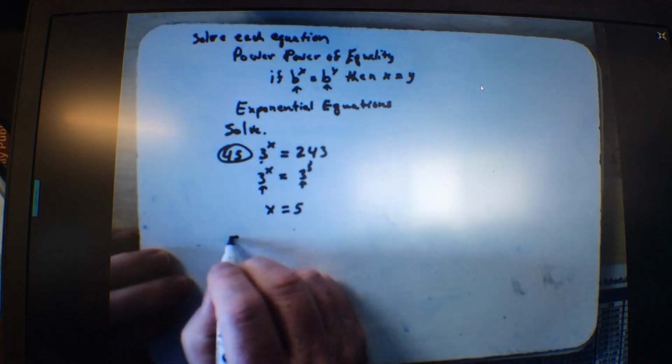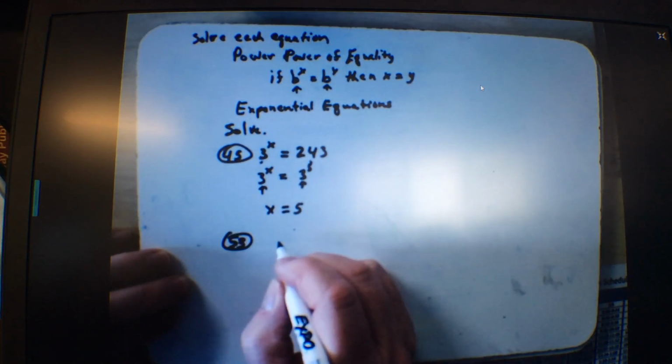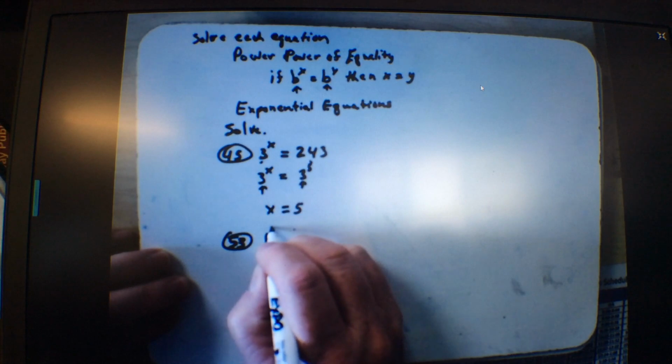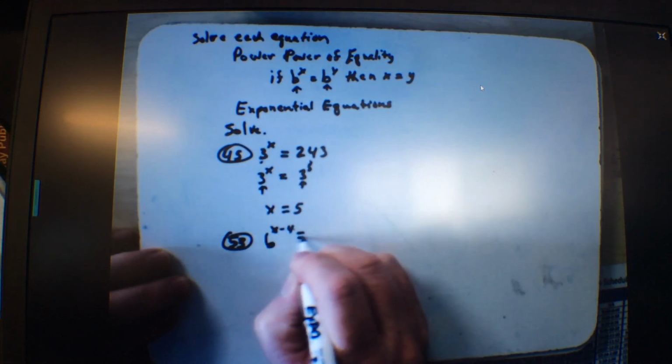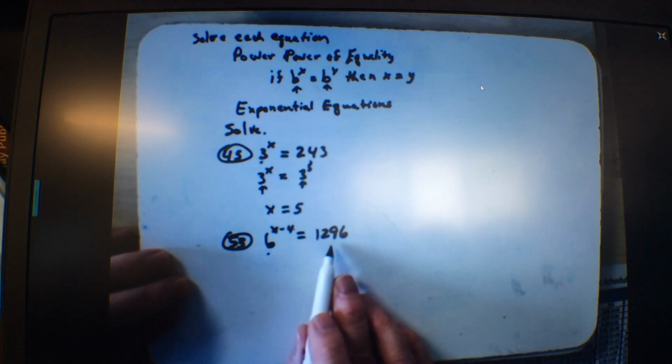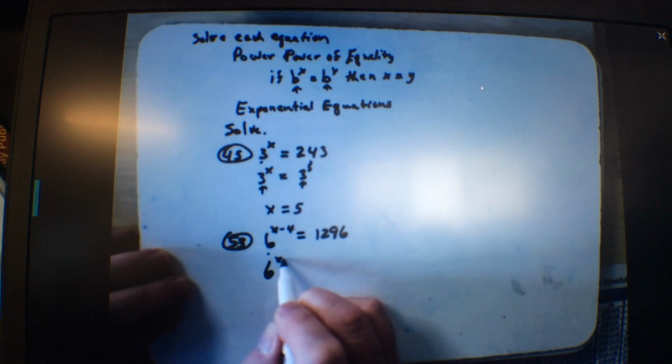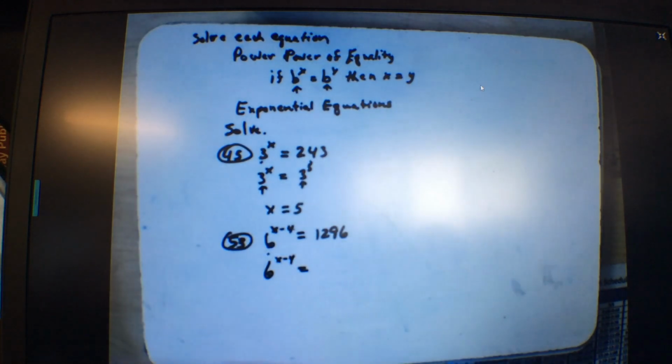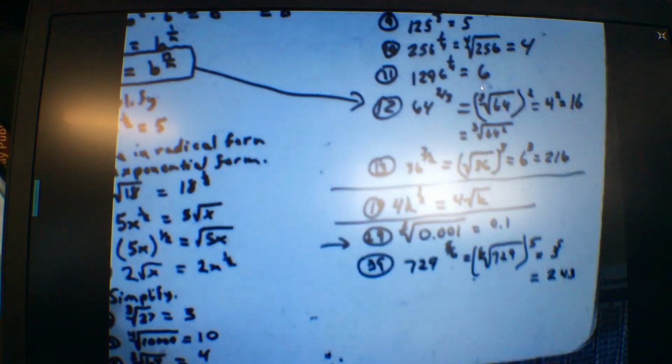Now, that's all fine and dandy if it's just x. But what if you have this? 6 to the x minus 4 power equals 1296. We want to write both numbers as a power of 6, Jackson. So this is 6 to the x minus 4. It already has a power of 6. And you'll remember, Jackson, we did this over here. I think we did this one, didn't we?